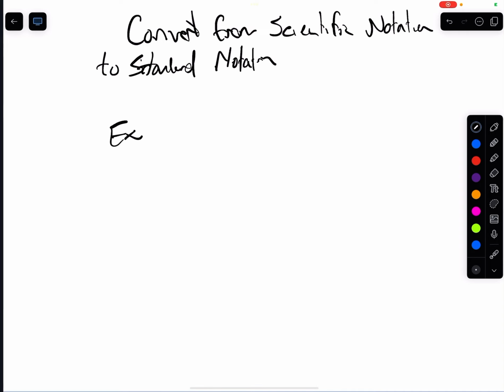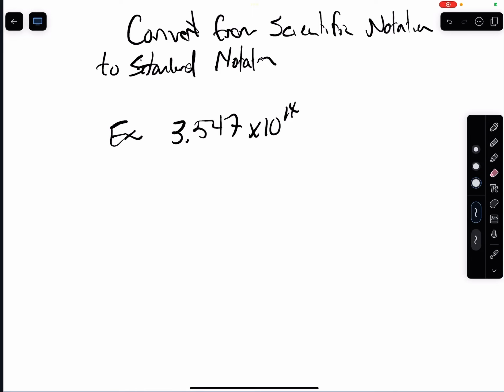So for example, 3.547 times 10 to the 14 power. We want to get that to standard notation, which means we need to move the decimal place to the right this time by 14 spaces.